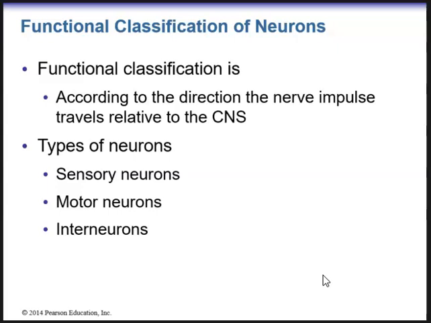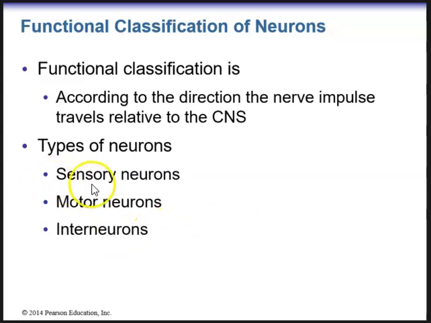So neurons can also be classified functionally. Functional classification is according to the direction the nerve impulse travels relative to the central nervous system. So functionally speaking, we have sensory neurons, motor neurons, and interneurons.